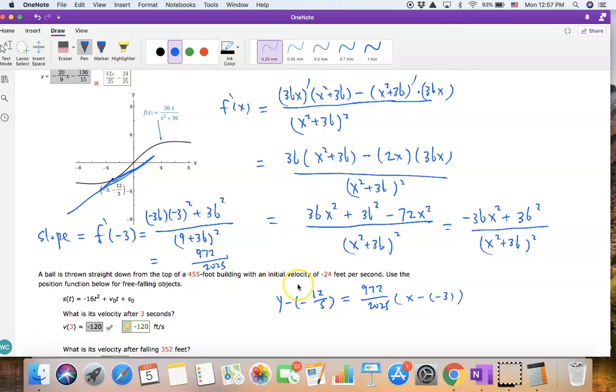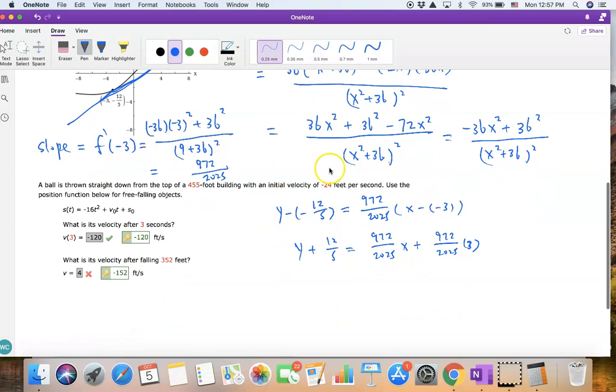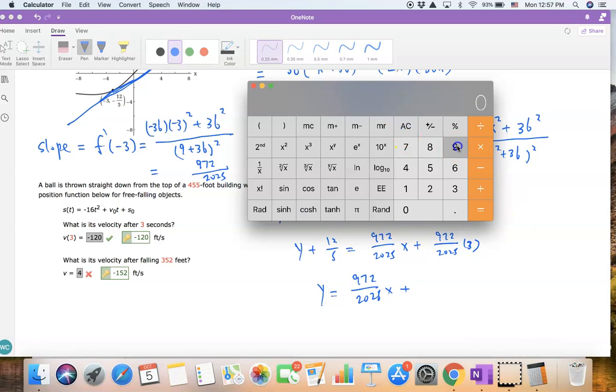Simplifying, y plus 12 over 5 equals 972 over 2025 times x plus 972 over 2025 times 3. So y equals 972 over 2025 x plus 972 times 3, that's 2916, over 2025.